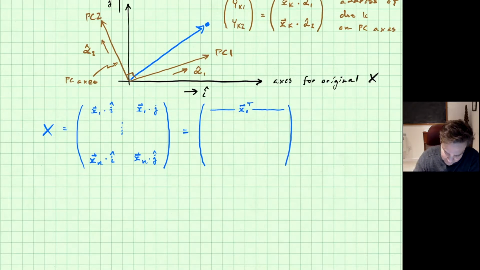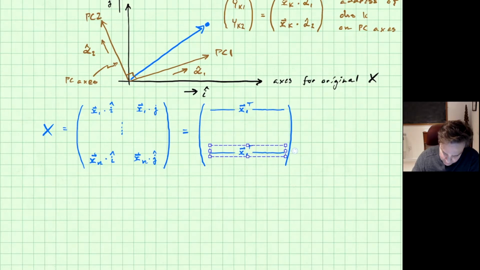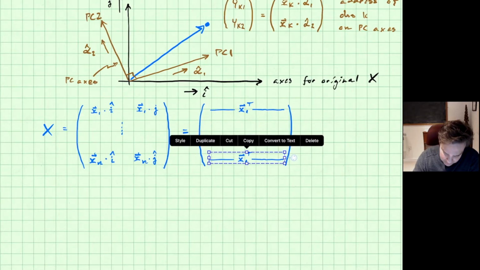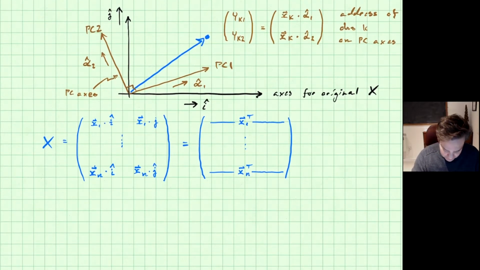I don't know if this is a very standard notation or tool, but I find this useful. And so there's one more here, and then one more here, and all the way down, dot dot dot, until you get to the last one, and that's n. Right.